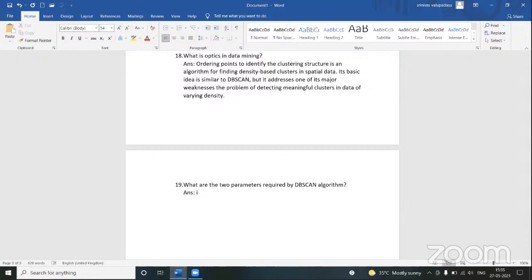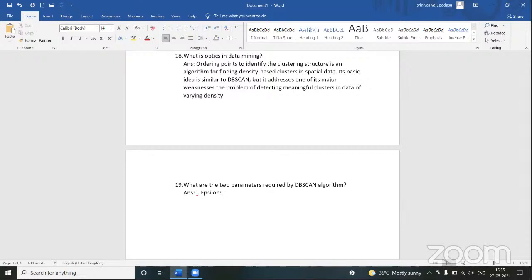The first one is epsilon. It is the radius of the circle to be created around each data point to check the density.